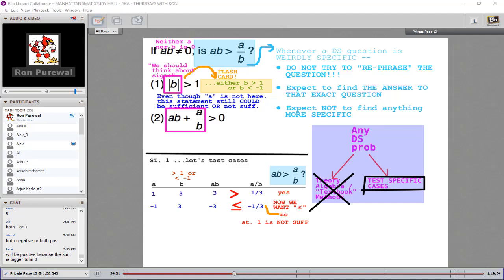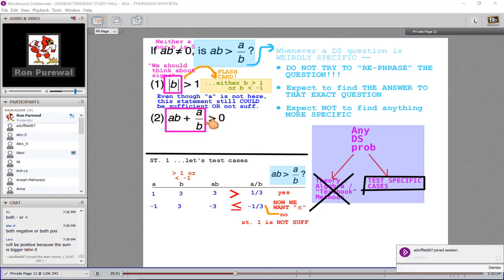If A and B had opposite signs, this would be negative, and so would that, is the point. So if you divide or multiply two numbers with opposite signs, you will get negative. Give me a smiley face if that makes sense. Both of these parts are negative if A and B have opposite signs.